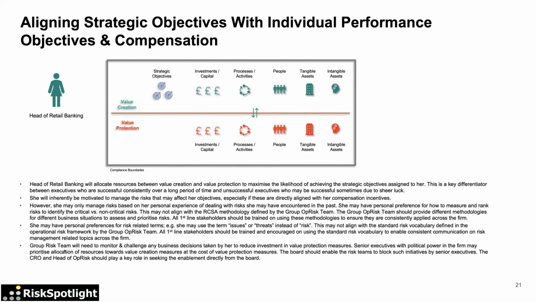They don't care if incidents start to happen in 18 months' time, they'll be gone in 12 months' time. And that's where the challenger and oversight aspect of risk needs to come in, where you keep an eye on how the first line is trying to invest between value creation and value protection.